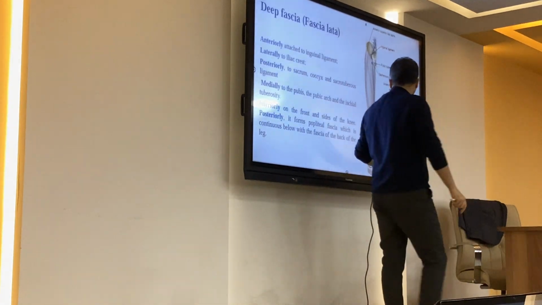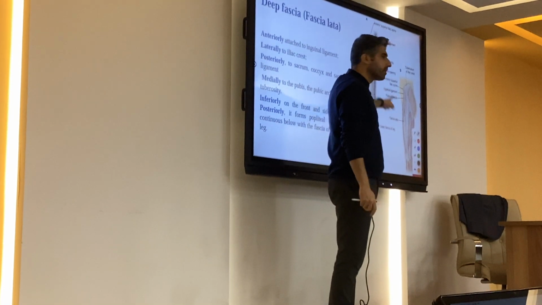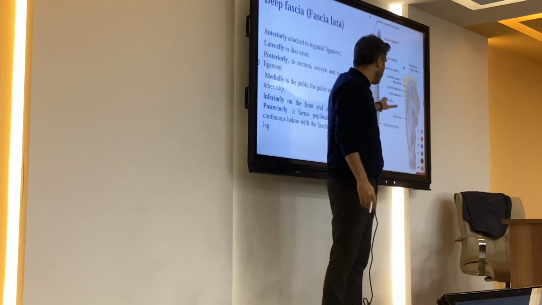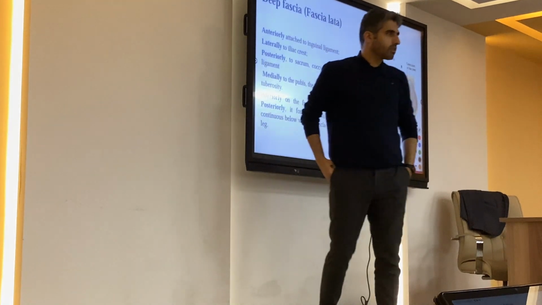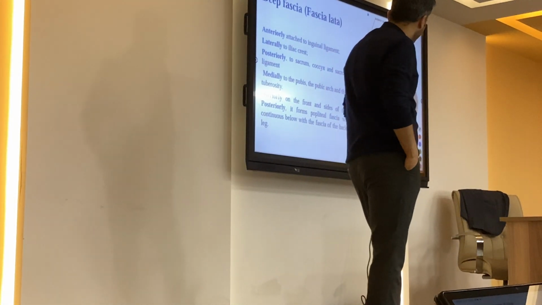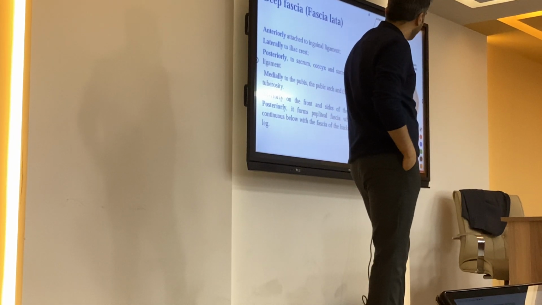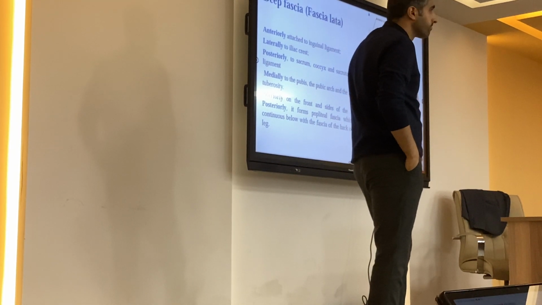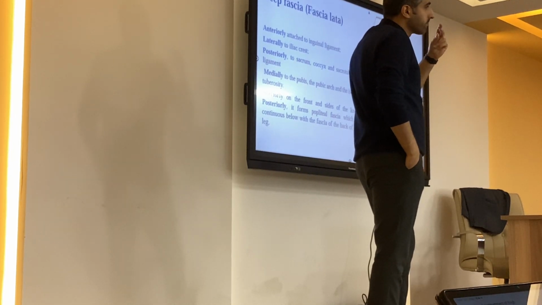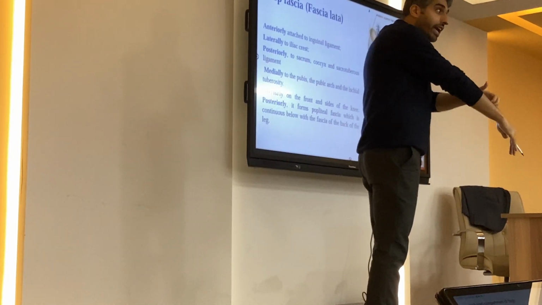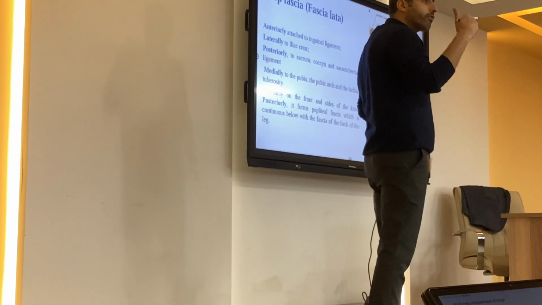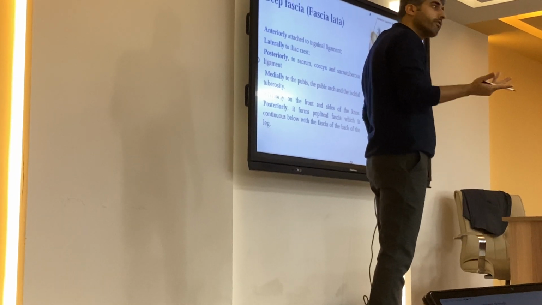Look at this vein. What can you understand from this picture? It starts from the posterior compartment, then goes anterior, like the cephalic vein. They are superficial veins. Why superficial?